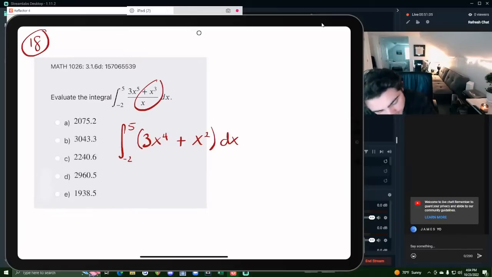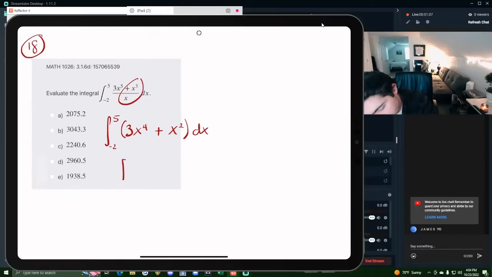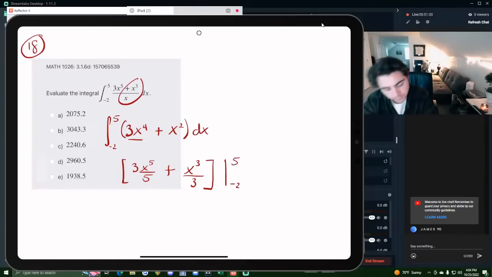Now we can evaluate this integral. Finding the antiderivative of 3x to the 4th, we leave the 3, leave the x, add 1 to the exponent to get 5, divide by that new exponent of 5. We have plus x, we add 1 to the exponent and divide by that exponent. X cubed over 3. And now we're evaluating this from -2 to 5.